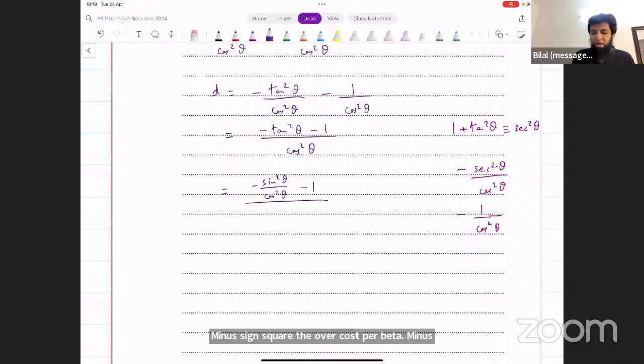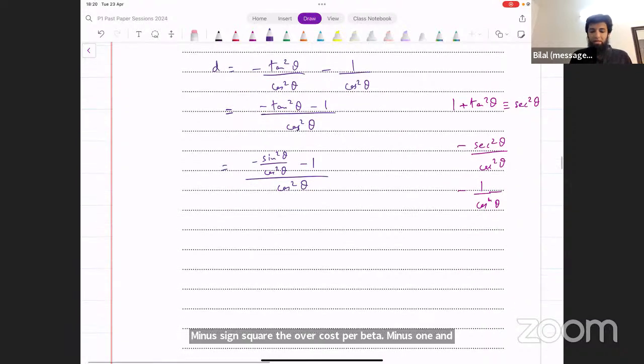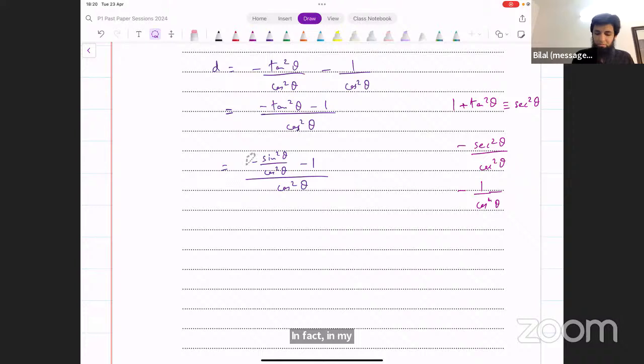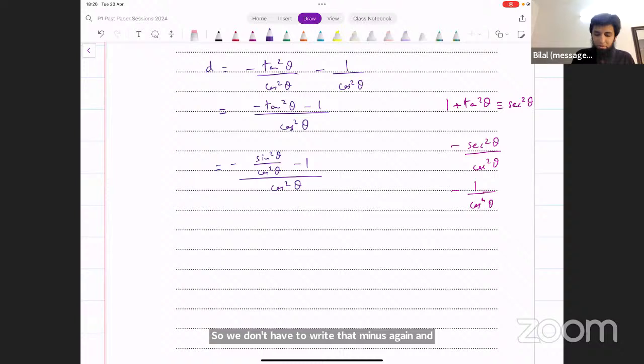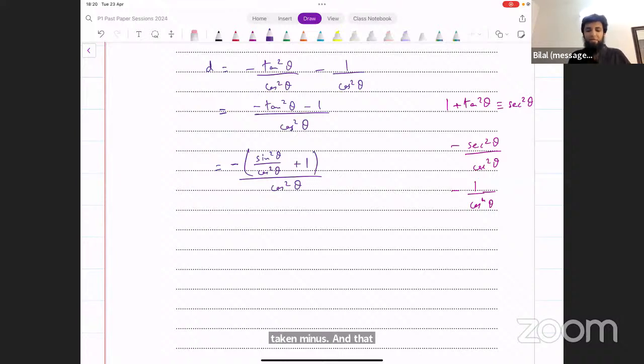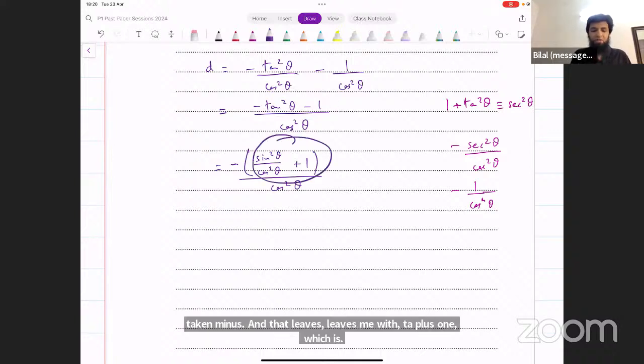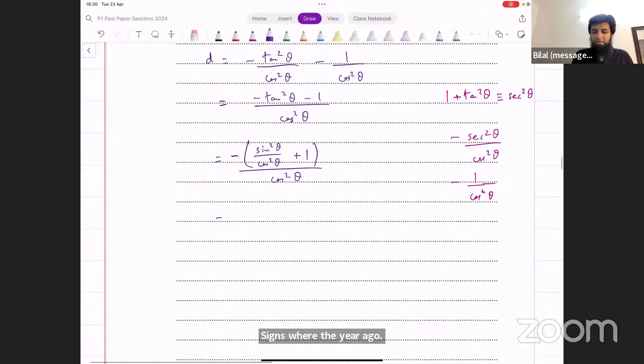And in the denominator, you would have cos square theta. Now in the numerator, it might make things a bit simpler if you take minus common here, so we don't have to write that minus again and again. I'm taking minus common. So inside I'm left with sine square theta over cos square theta plus 1. Is that okay? All right, I've just taken minus common outside. That leaves me with tan square theta plus 1, which is sine square theta over cos square theta plus 1 like this.